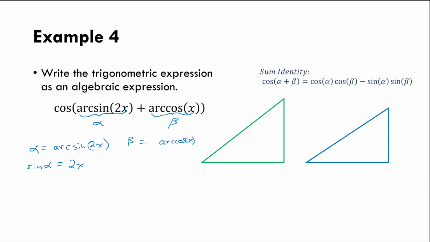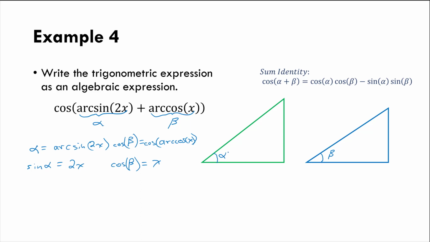Again, if I take the cosine of both sides, I'm left with cosine of beta is equal to x. Now I just need to take a look at my two triangles. This green triangle is going to have an acute angle alpha, and this blue triangle is going to have an acute angle beta.